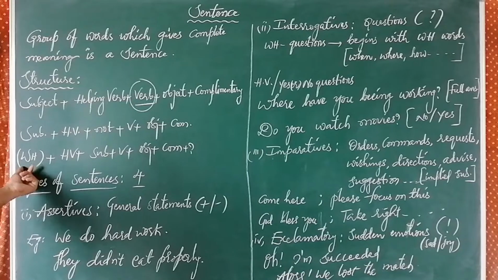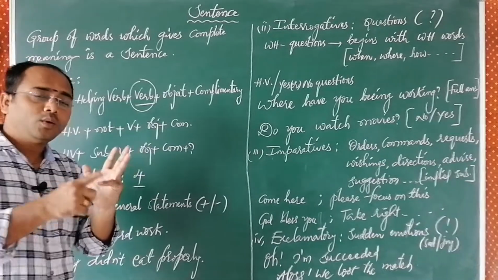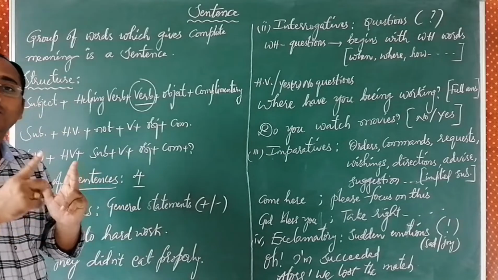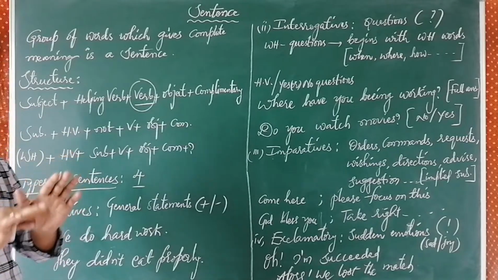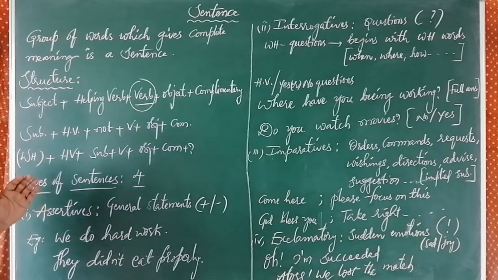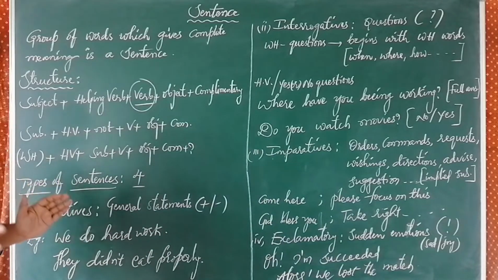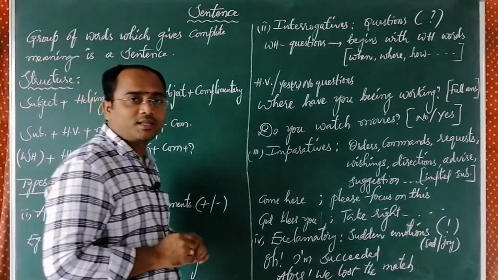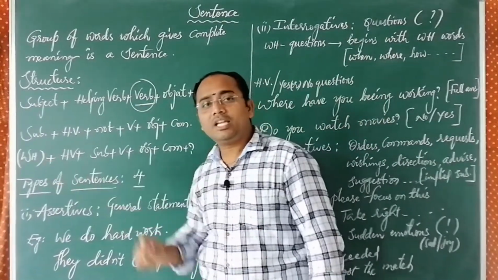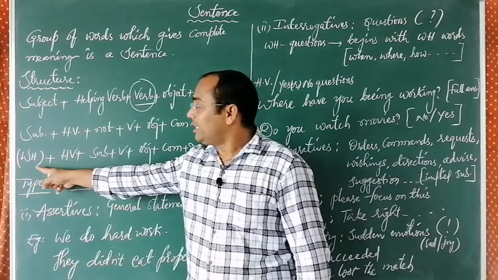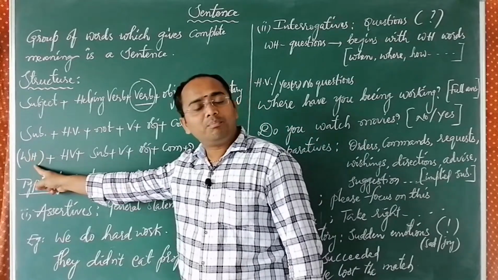First, let me tell you what a WH word is. WH words are when, where, why, which, who, whom, how long, how many. These are the words generally considered as WH words. And why did I keep it in the bracket? It is not compulsory.